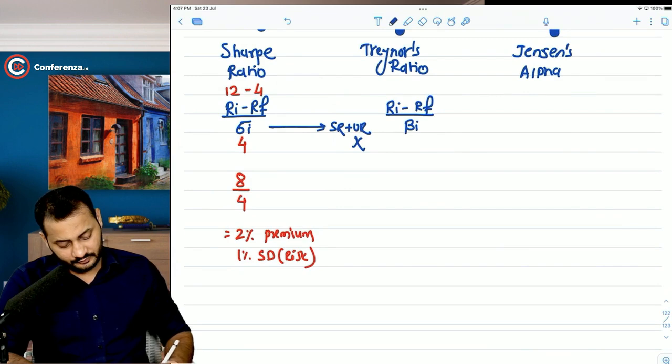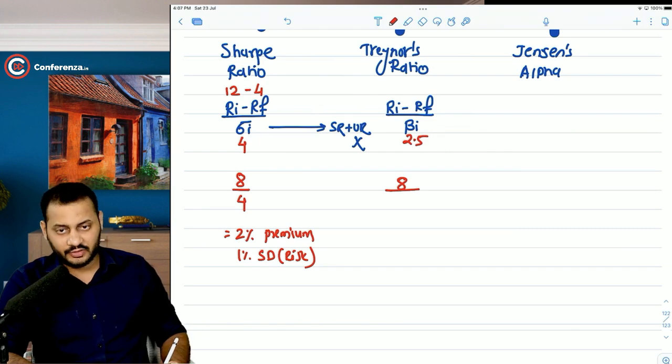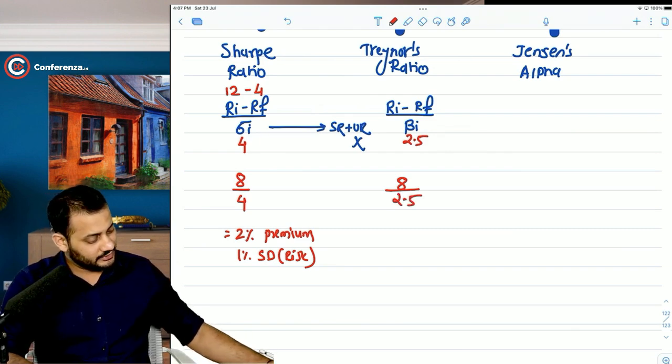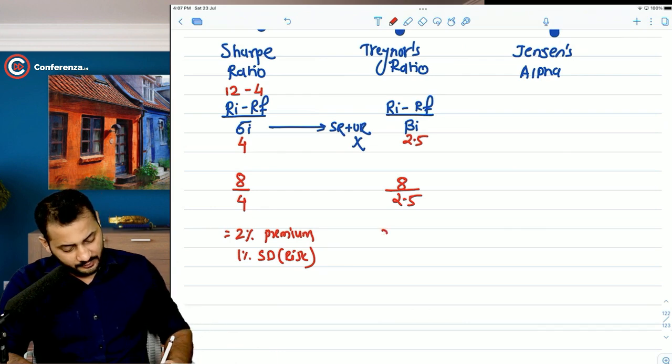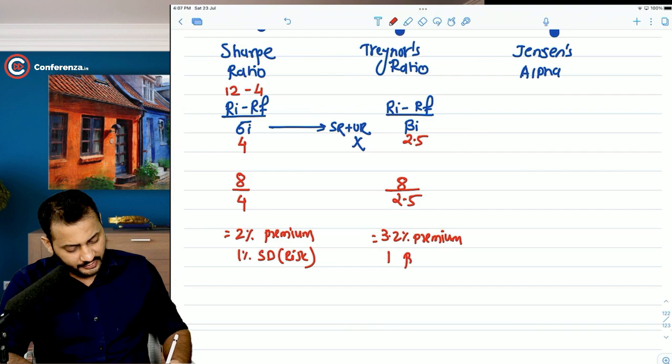So if the beta of the company is, let's say, 2.5 and the premium is 8, 12 minus 4, divided by 2.5, the answer that we are going to get is 3.2% of premium we are getting for bearing a risk of 1 unit of beta.